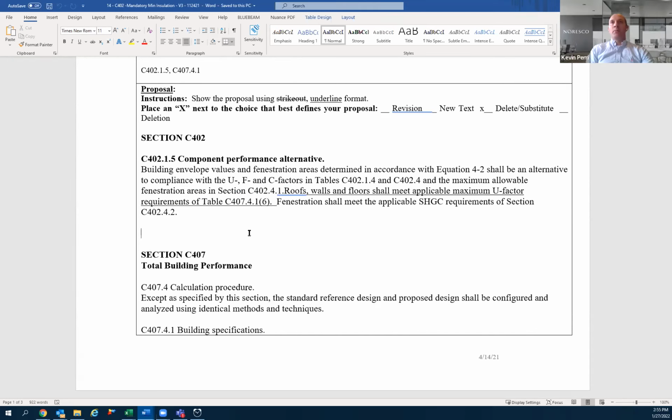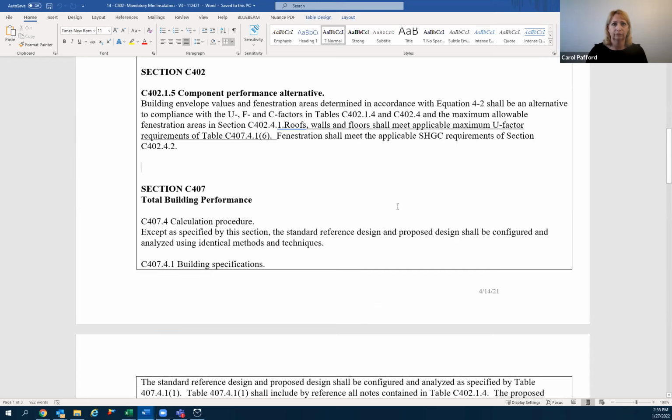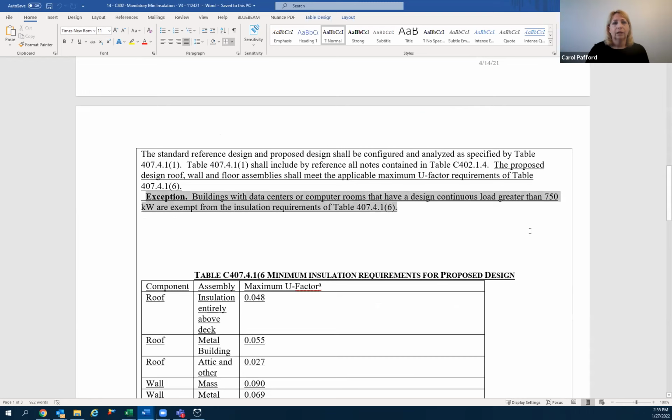Okay, great. Next up, looks like Carol, your hand was up next. Go ahead. Yes, I'd like to go back to the exception: buildings with data centers or computer rooms that have a design continuous load greater than 750 kW. First of all, should there be a clarification whether this is an electrical load or the equivalent MBH, because there won't be 100% of the electrical load rejected as heat.